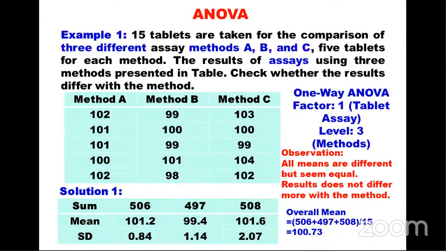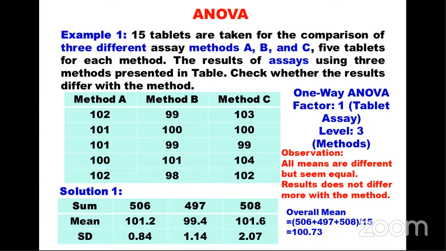Now let's take one example. We'll solve the example by Excel or suitable software. Now, 15 tablets are taken for the comparison of three different assay methods, A, B, C. We have titration, UV, and HPLC. The 15 tablets were compared for the amount of drug, or content, or assay.